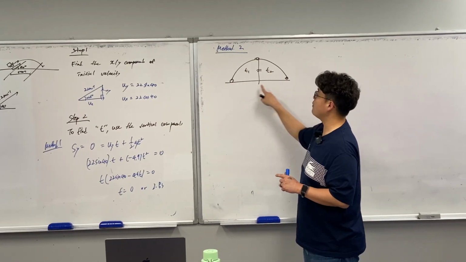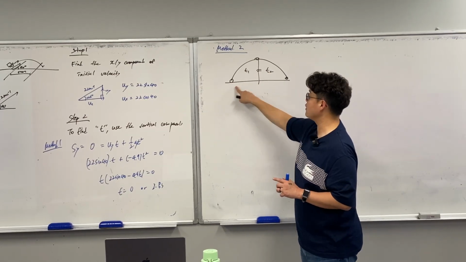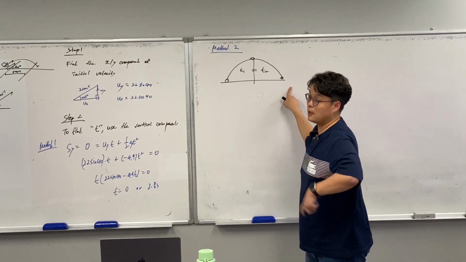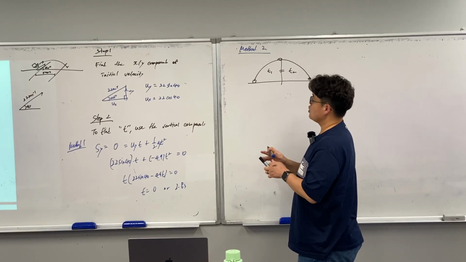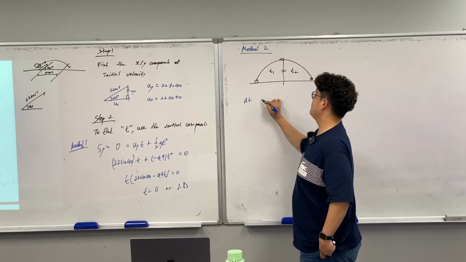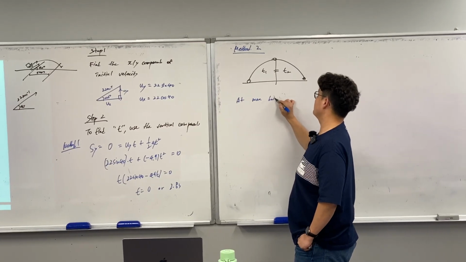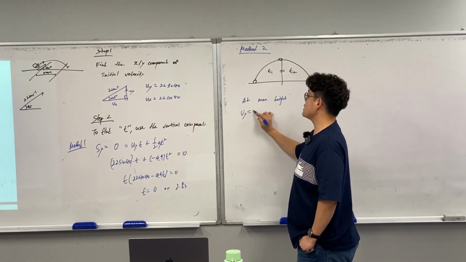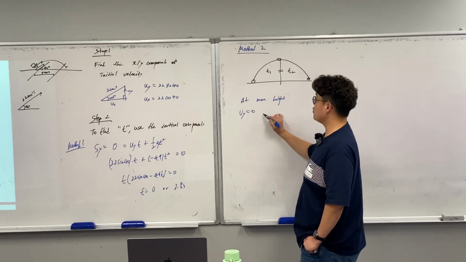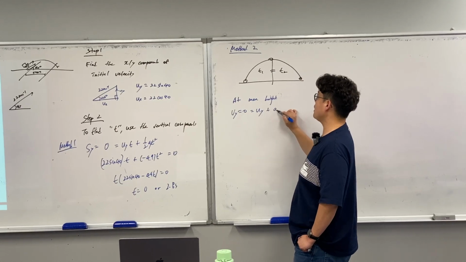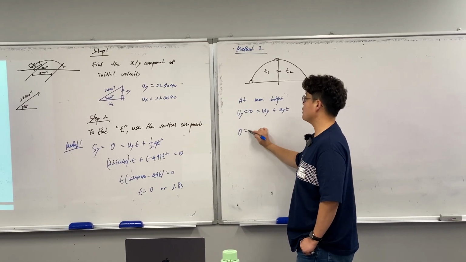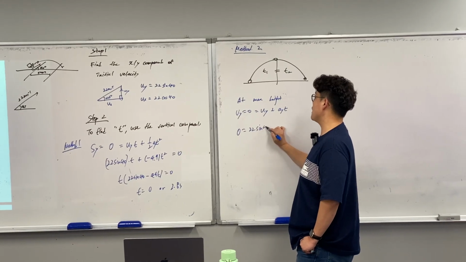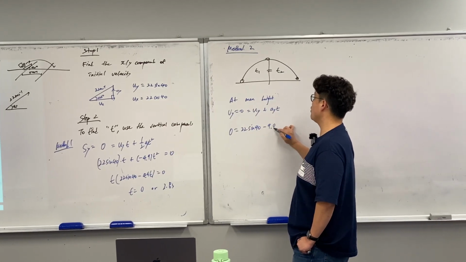In that case, we use the final velocity. So for that, what we have to use is this. At the maximum height, vy is equal to 0. This gives you vy equals uy plus ayt. Showing the substitution, 0 equals 22 sine 40 minus 9.8t.